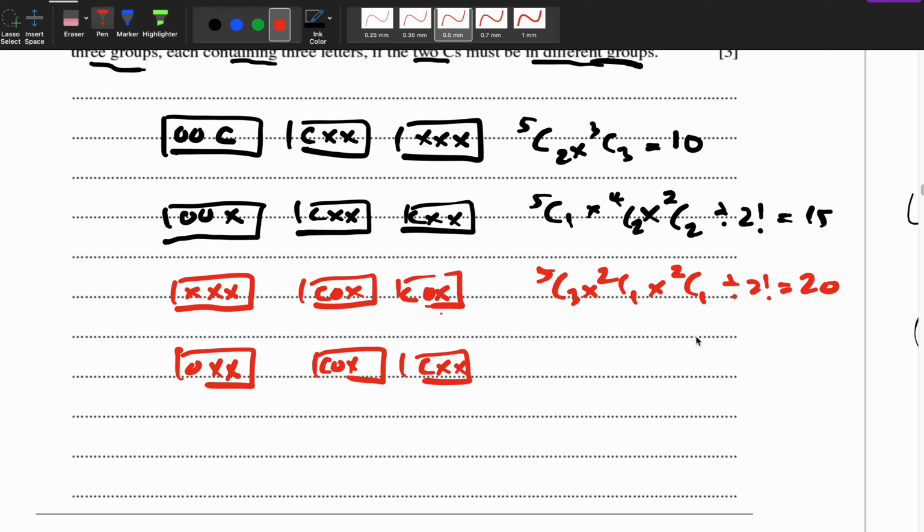C1 group. Okay, if it's like that, means any repeated. Oh, no others. Others is 5C2. So this is, then we have 3 more. Choose 1 to go to the group. 5C2. 5C2 times 3, 30.